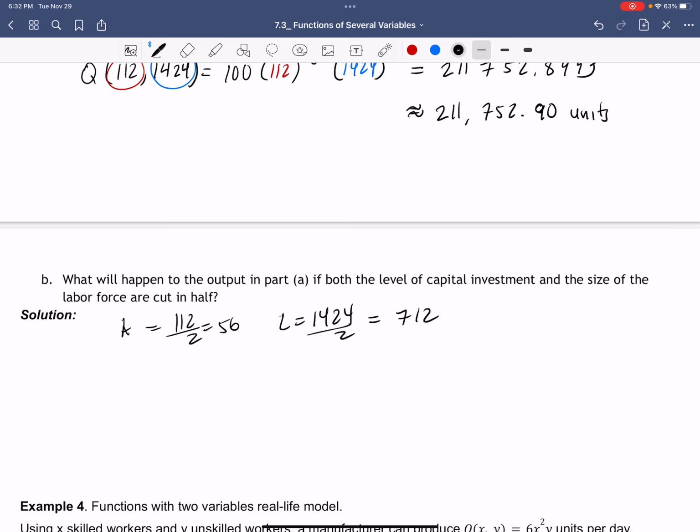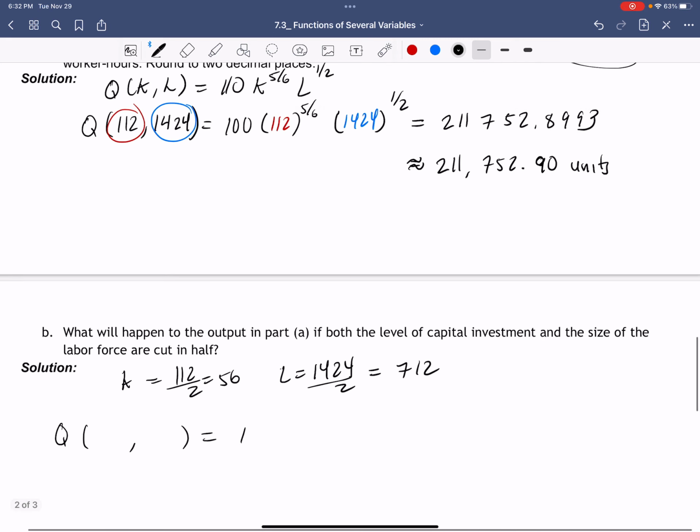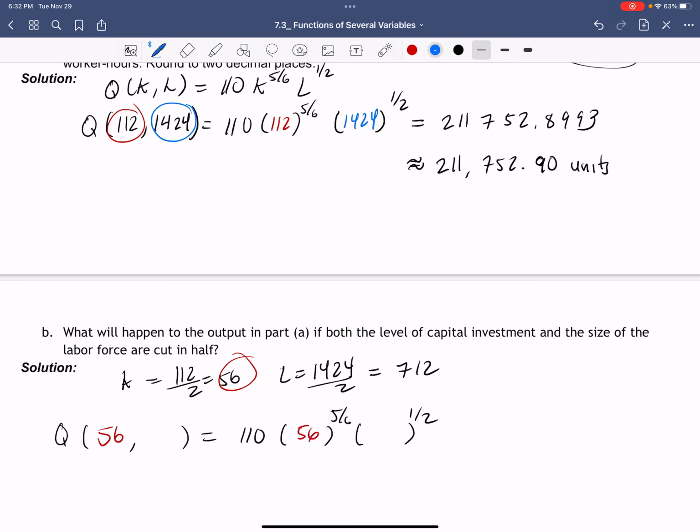So when we go back over here and redo the whole thing, that's 110 times K, and K is now 56, so 56 will go here. And then L is now 712 because we did half of it.